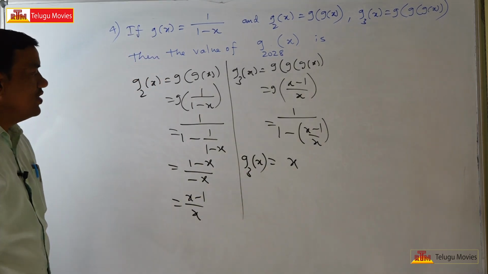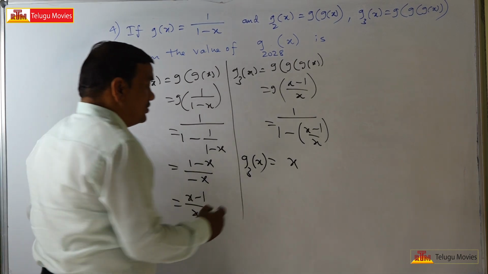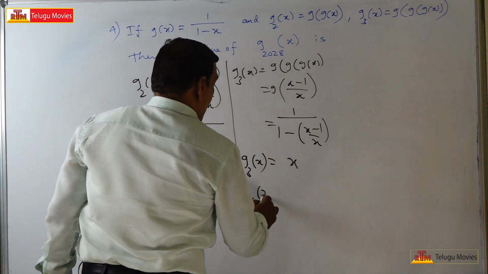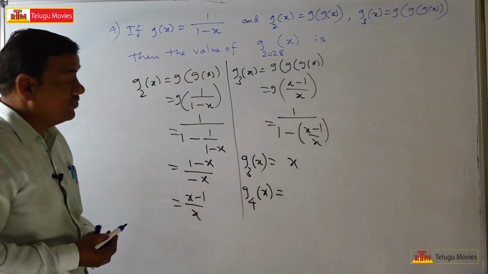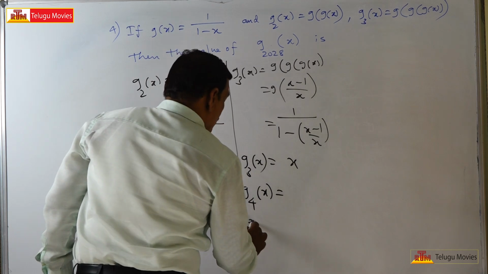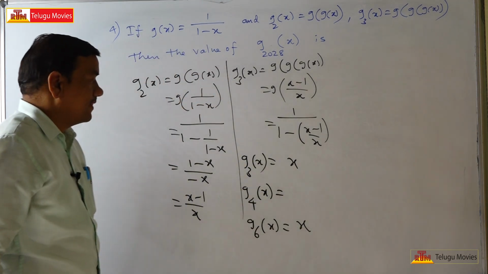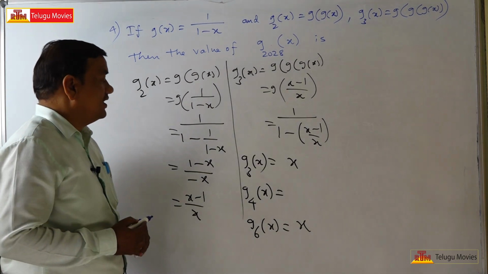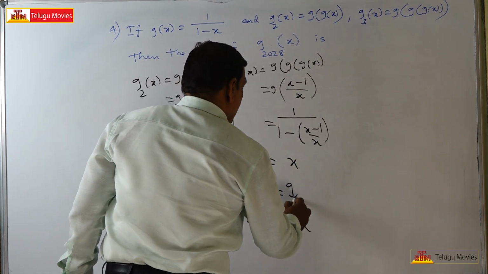Understand? If you go on doing like this to find g4 of x, g5 of x, g6 of x, you will get g6 of x equal to x. Why am I saying this? Because g3 of x is equal to x. What is g4 of x?